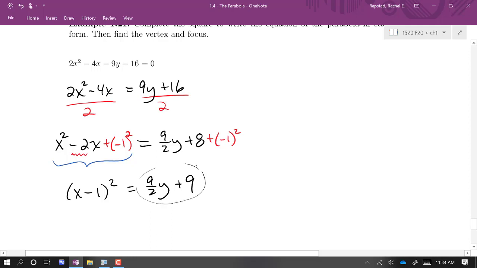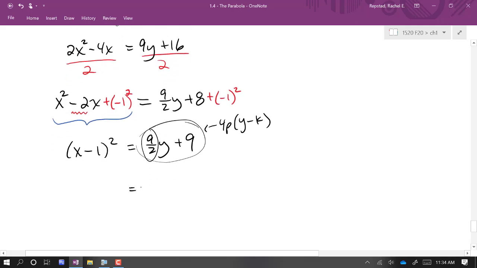Okay, now we are almost in standard form, not quite in standard form, because what I want is for the right side to look like 4p(y minus k), right? So that's not quite there. And what I'm going to do is just factor out the 9 halves. So when I factor out the 9 halves, let's see, what value is going to go there, so that when I distribute 9 halves I get 9. That means we're going to need a 2.